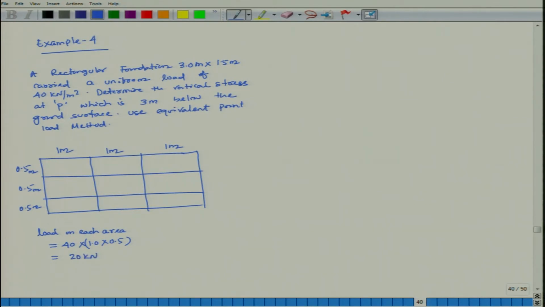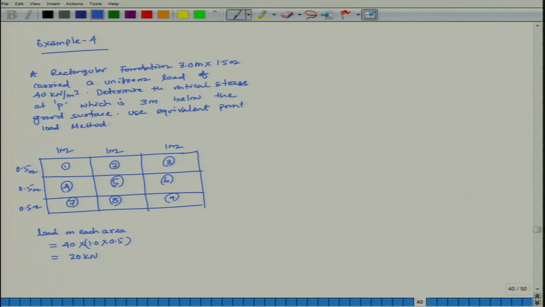That means each area has an equivalent point load of 20 kilonewton. Let me number the areas 1, 2, 3, 4, 5, 6, 7, 8 and 9.